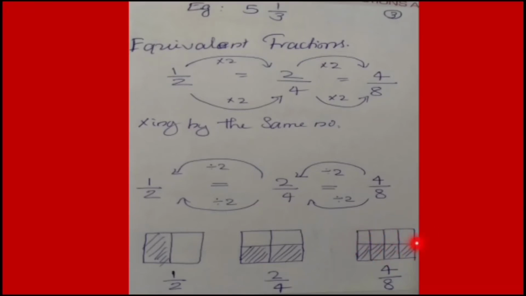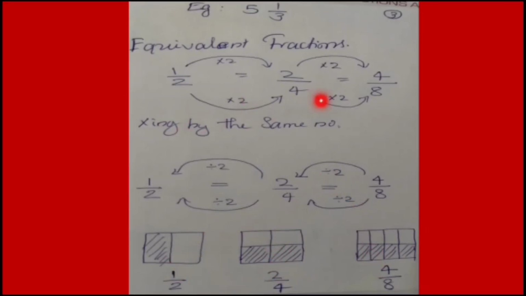So how will you represent the 4 shaded parts out of the total 8 parts? See here, the value is the same but the numerators and denominators are different. The equivalent fractions of 1 by 2 are 2 by 4 and 4 by 8.